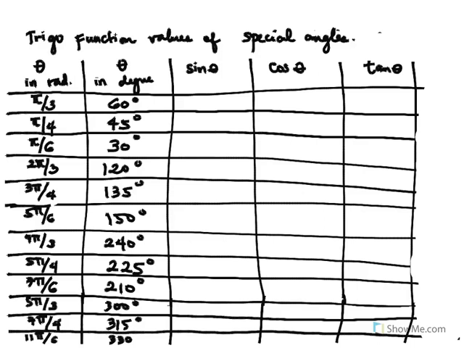When you try to memorize, you can start with the angles in quadrant 1. For example, here, the sine of pi over 3 is square root of 3 over 2. The sine of pi over 4 is square root of 2 over 2. Sine of pi over 6, or sine of 30, is 1/2.